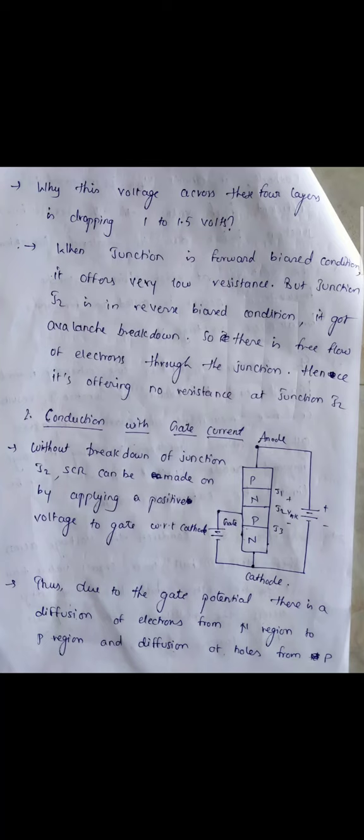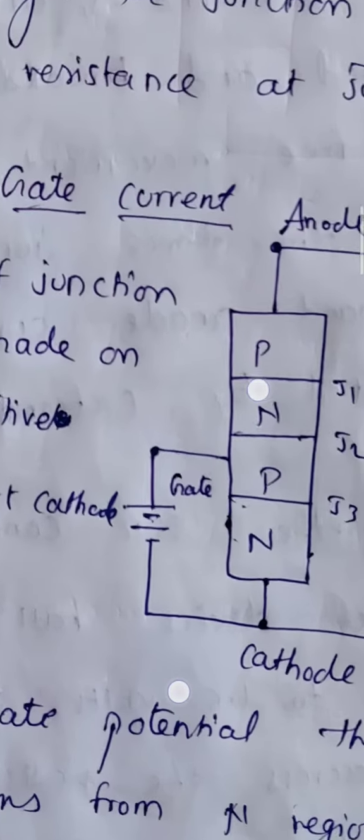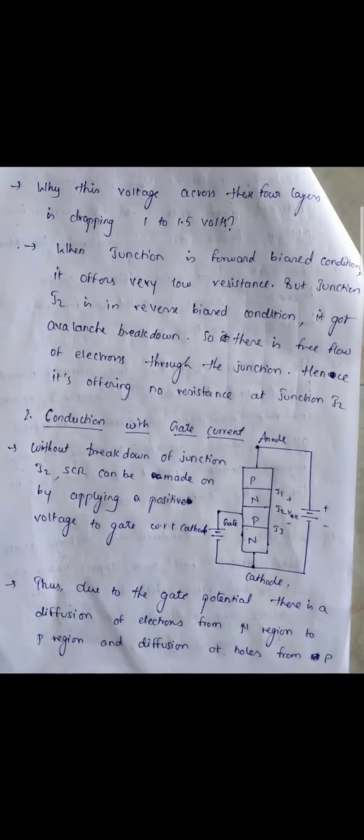So now we are dealing with gate current. With gate current, we apply some external voltage to the p-type semiconductor, and the negative terminal is connected to the anode.